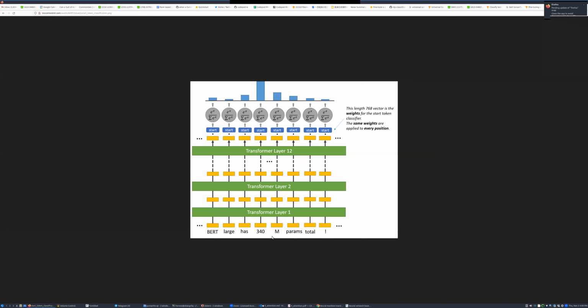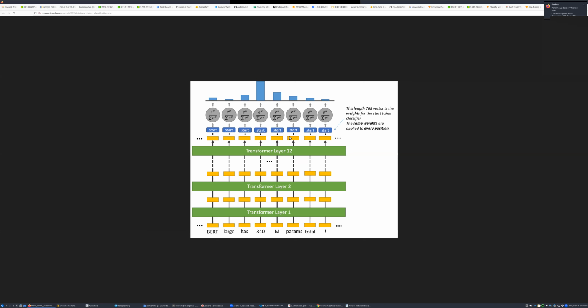First of all, this is your input. Let's say this is my passage, and I have my question, so this is my entire input. I go through transformers, so this is the BERT architecture. And then each token will have its output vector. So from this output vector, I will make a prediction using a neural network.